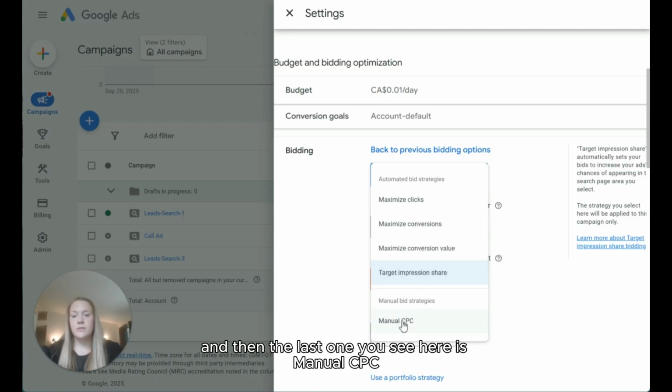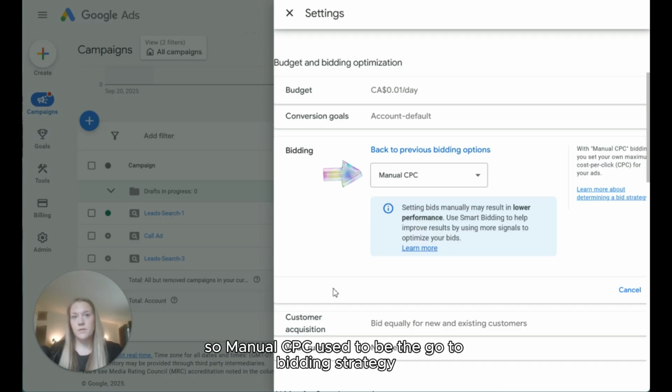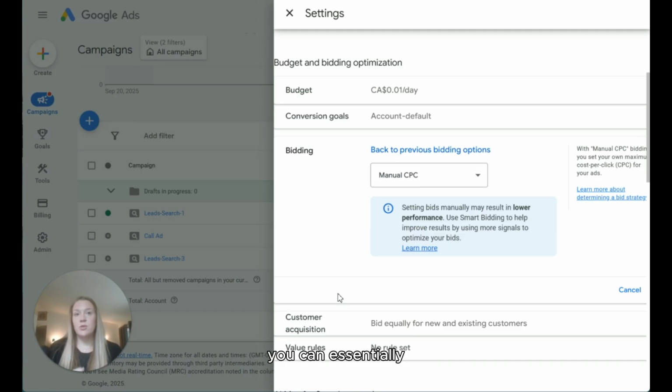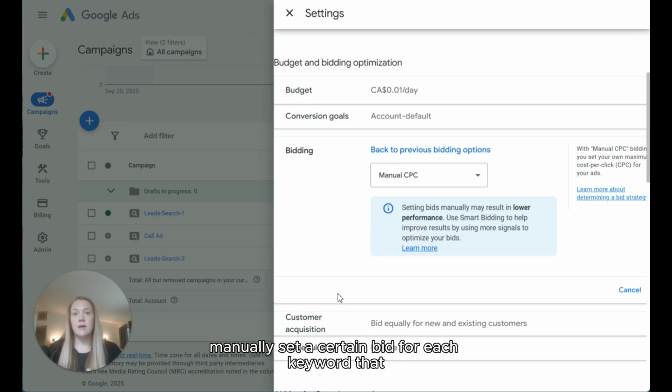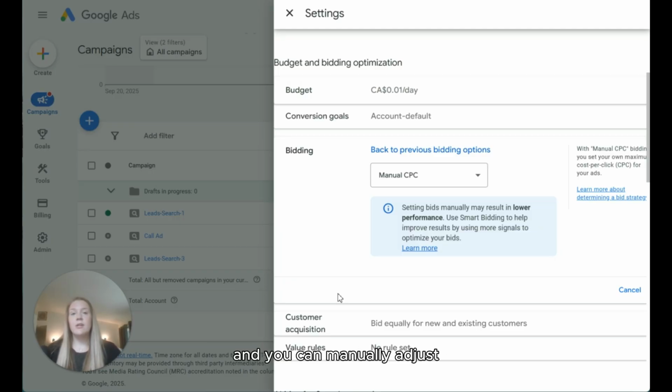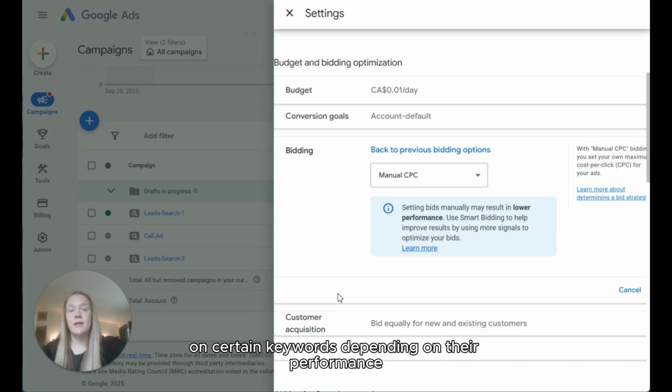And then the last one you see here is manual CPC. Manual CPC used to be the go-to bidding strategy. And with this one, like I said, you can essentially manually set a certain bid for each keyword that you're bidding on. And you can manually adjust the percentage of those bids on certain keywords depending on their performance.